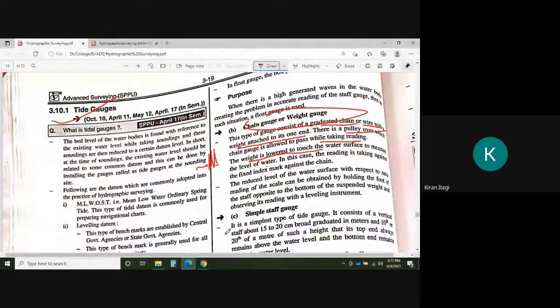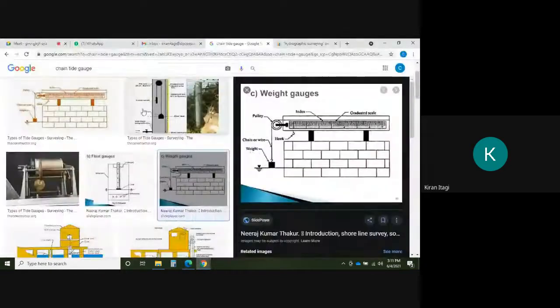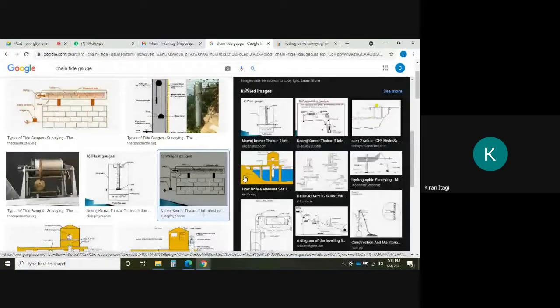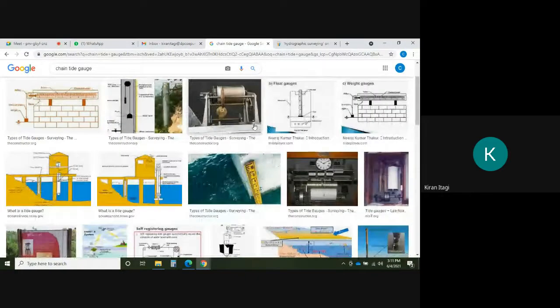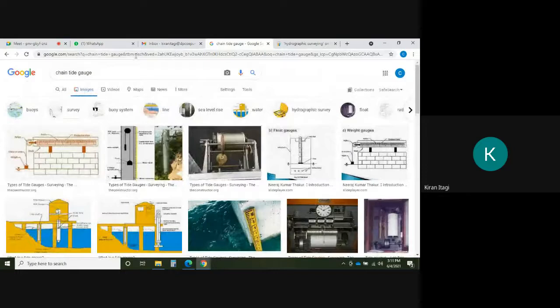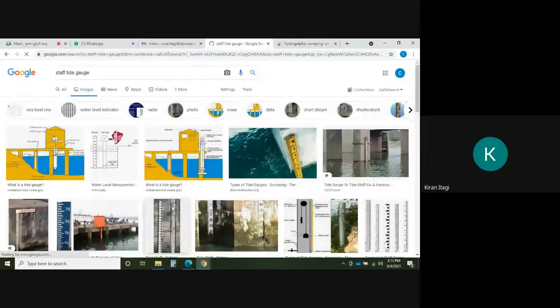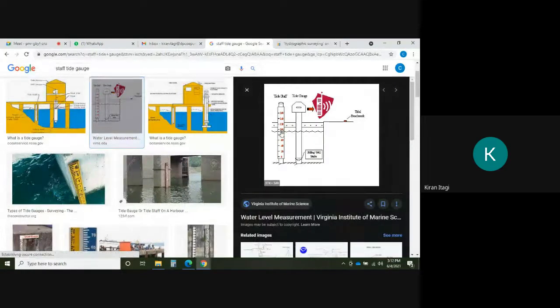Next we have the simple staff gauge. That one that I showed you just now. Simple staff. So here you can see this is a simple staff.